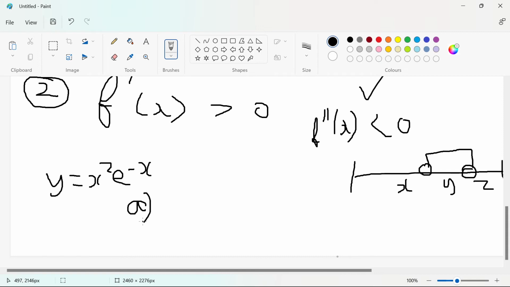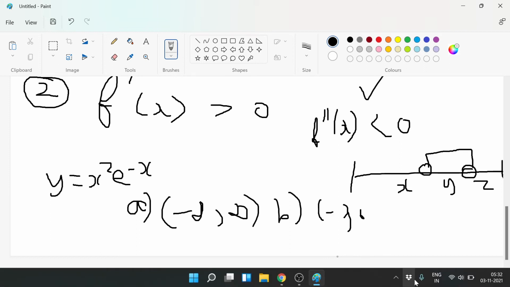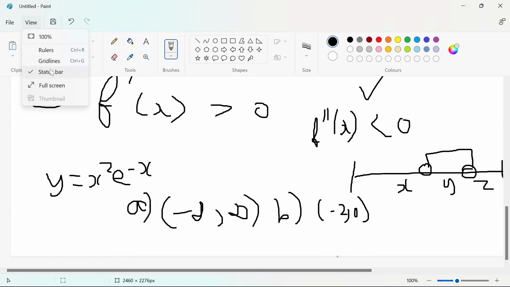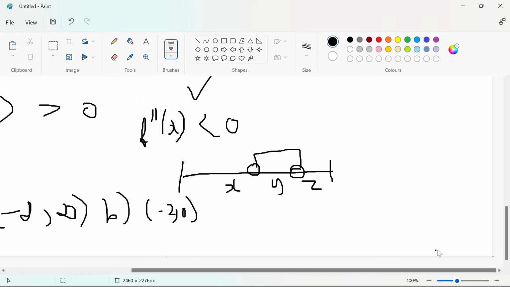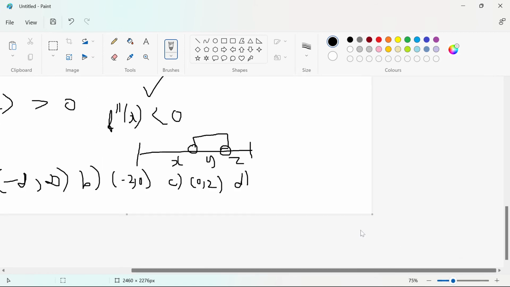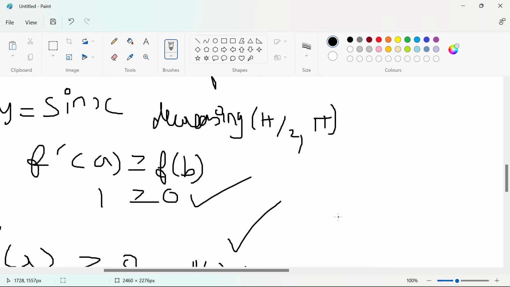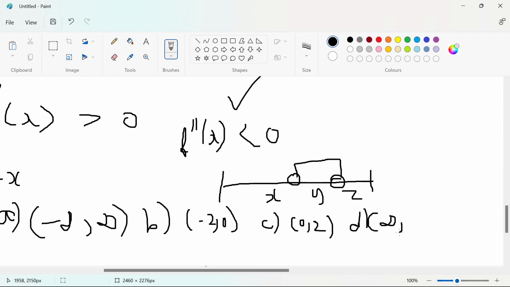The interval in which this value is increasing, the options are given: option A is minus infinity comma infinity, option B is minus 2 comma 0, option C is 0 comma 2, and option D is infinity comma e.